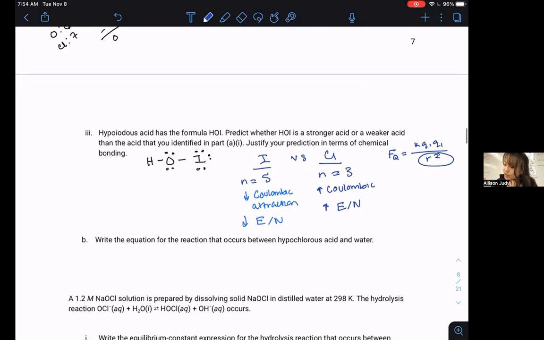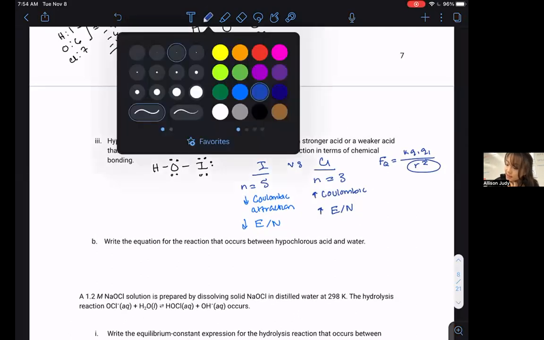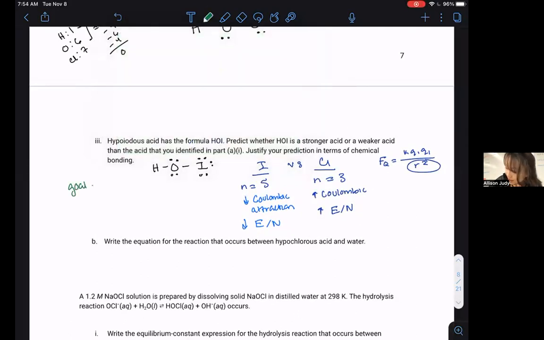So when we look at this, the goal of being a good acid is that acids donate their H plus ion. Well, that means that the more stable your conjugate base is, the better the acid.